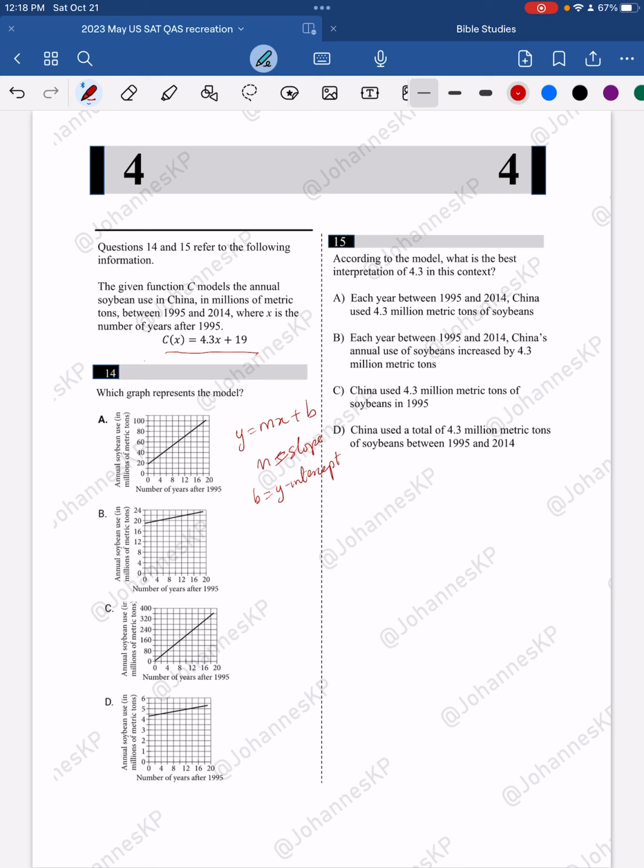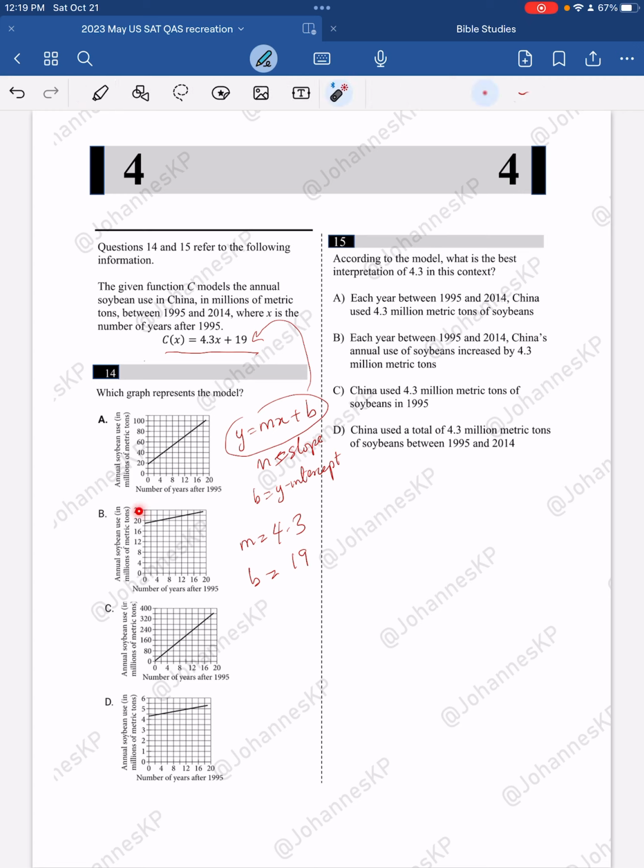If we compare this equation, m is 4.3 because m is the coefficient of x, the number in front of the x. Then b is 19. So we just have to look in each of these graphs for the line crossing the y-axis at 19 with a slope of 4.3, and that's how we get the answer.